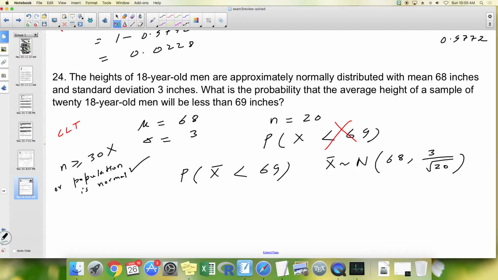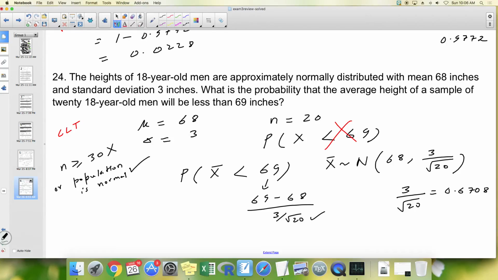So what shall be the z-score for 69? It shall be 69 minus 68 divided by 3 by square root of 20. You can calculate 3 by square root of 20 beforehand, and that I think will be 0.6708, or you can keep it in this format as you wish.